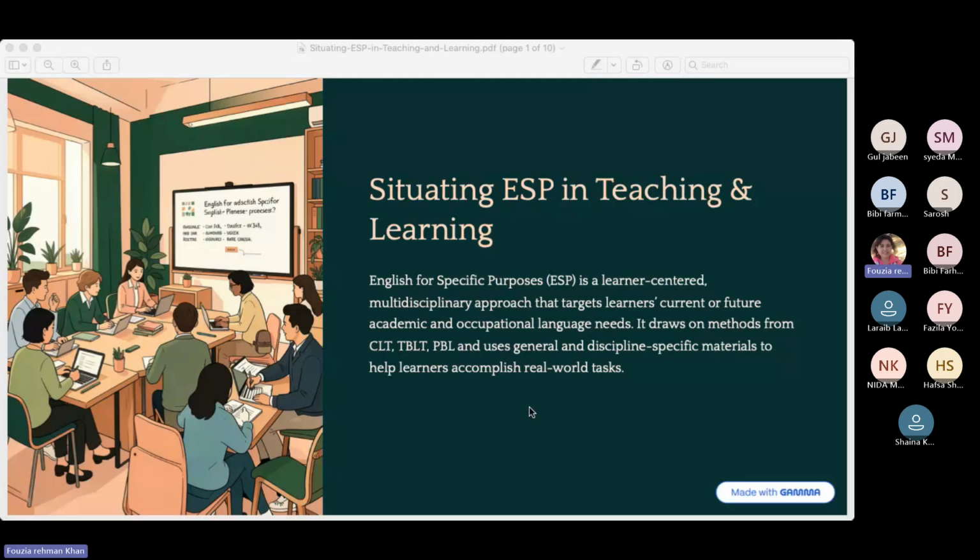Now, why is it multidisciplinary? Multidisciplinary means it falls in multiple disciplines, and it is just not a part of English linguistics for that matter. Now, English for specific purposes means that different people would learn English according to their needs, right?